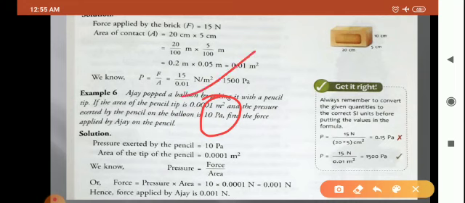Find the force applied by Ajay on the pencil. Now what are the things given in the question? Pressure exerted by the pencil on the balloon was 10 Pascal. Area of the tip of the pencil, 0.0001 meter square. You need to find the force applied by Ajay.